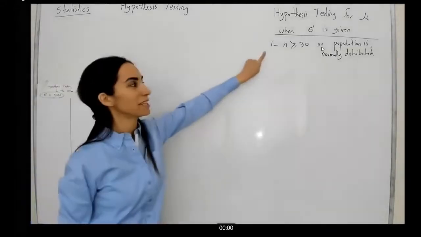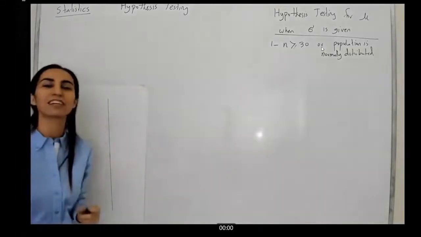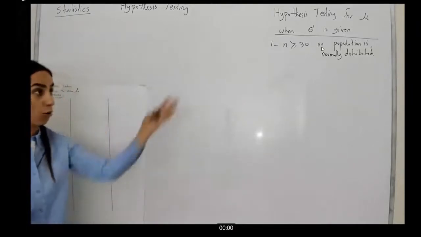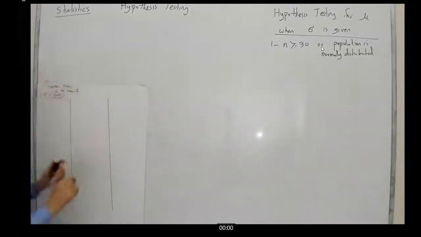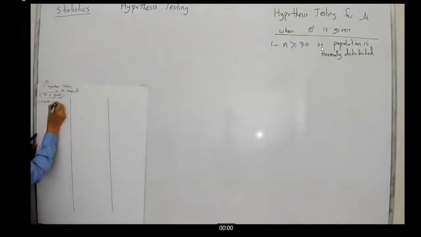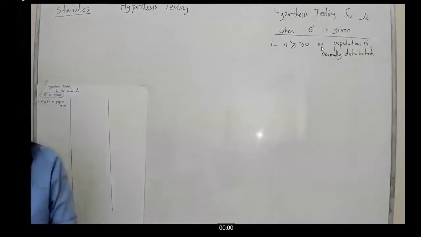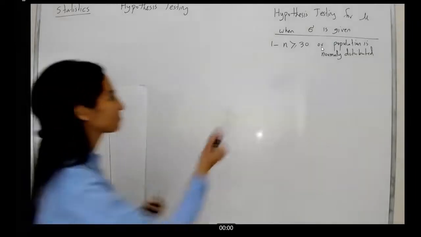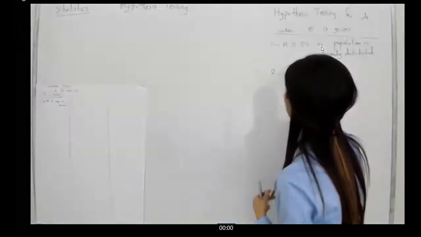First, step one, you have to check to see if n is greater than or equal to 30 or the population is normally distributed. What's the second step? Step two.